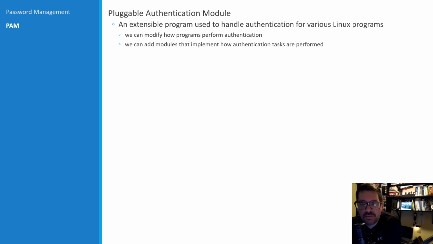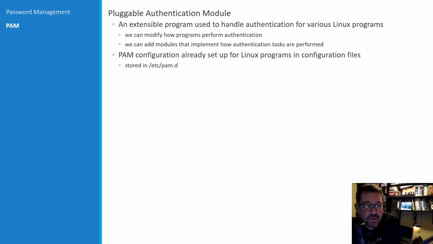So it's sort of like an API or a mechanism that you can call from other applications to perform authentication. So, for example, MySQL could use PAM to authenticate users to the database, so you don't have to have separate user accounts. Oracle can use PAM, so you don't have to have separate user accounts in Oracle, and so forth.